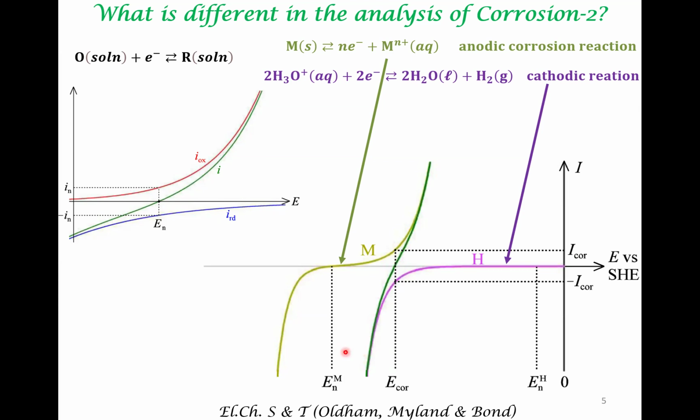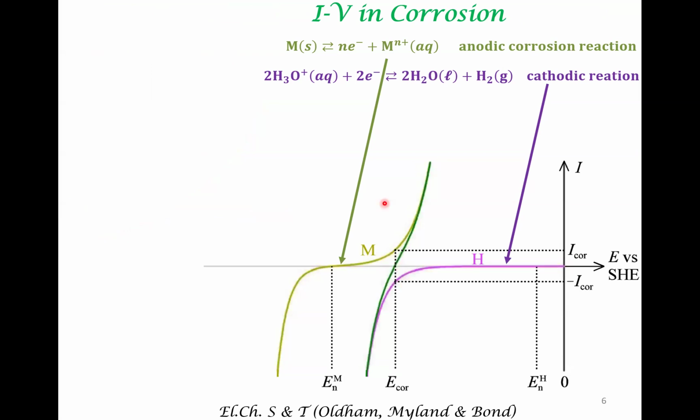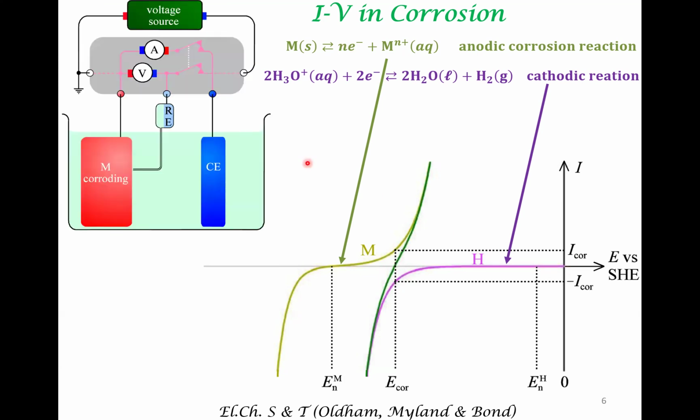Before we discuss these three quantities, let's first understand how we got these curves. These curves, that is the current versus potential curves in corrosion, are obtained via this kind of setup. The advantage with this setup is that you can get a good sense of the potential of the metal that is corroding, and via the imposition of external voltage, you can also drive external currents.